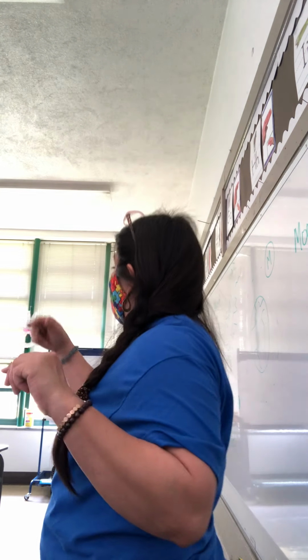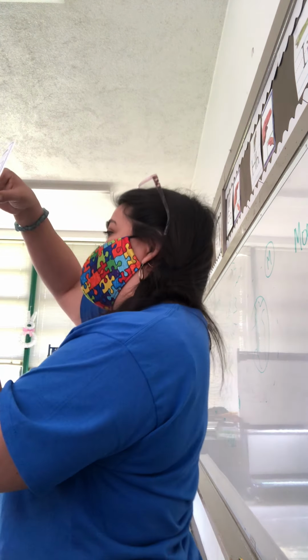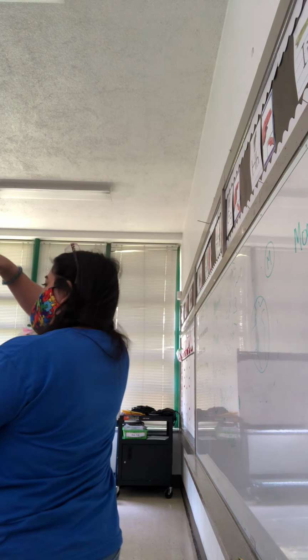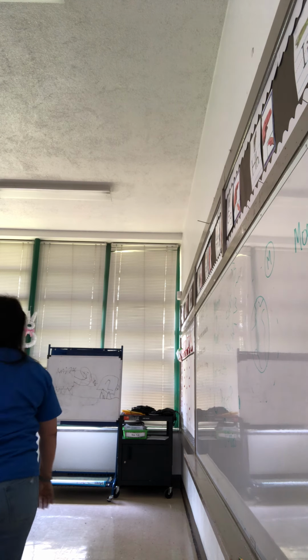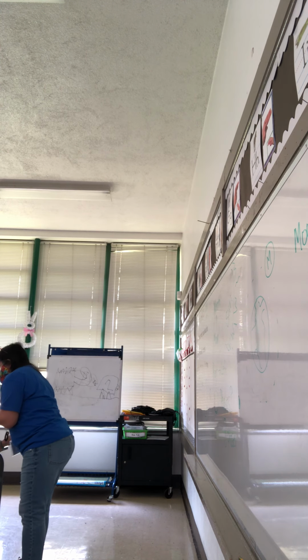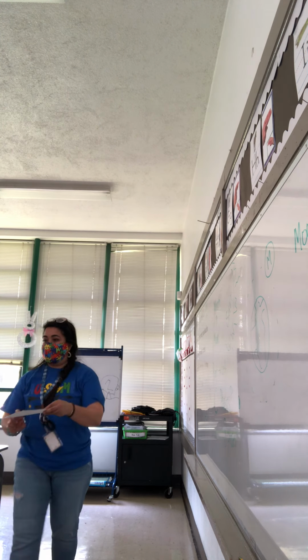Miss Zavala, can you get scissors for everybody? Everybody write your name at the top, please. Oscar already wrote his name. Can you write your name up here? Will you write your name up here? Here. Write your name at the top.